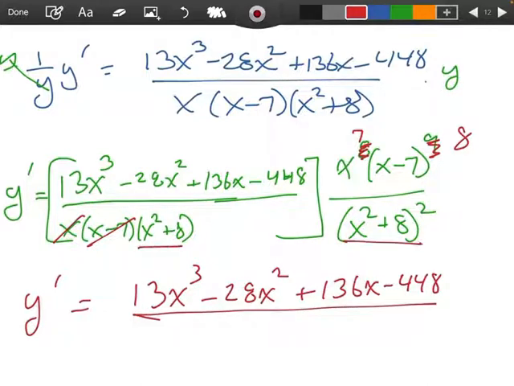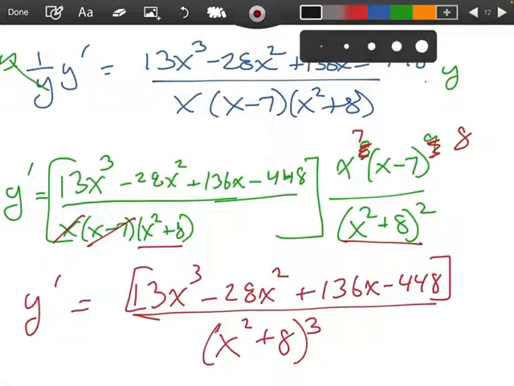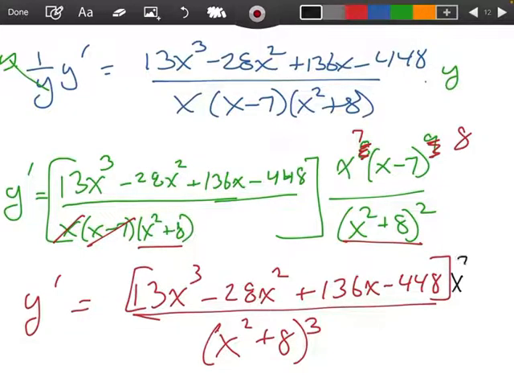If I have an x squared plus 8 and I got another x squared plus 8, two of them, now we have an x squared plus 8 all raised to the third. And I also have my x to the 7th and my x minus 7th to the 8th, right?